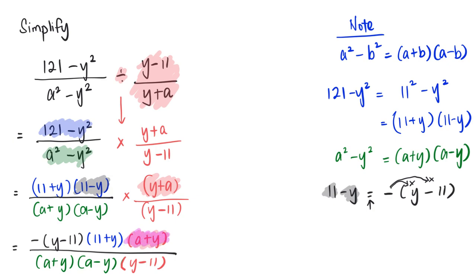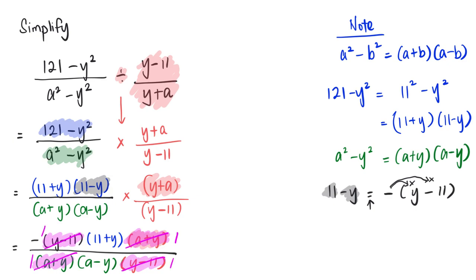Yes, a plus y, meaning I could divide off. That will give me 1 over 1. Y minus 11, I could again divide off to give me 1 over 1.